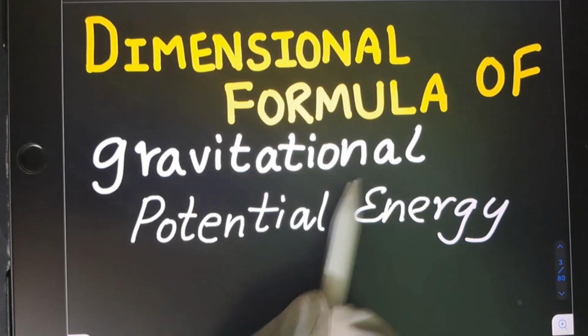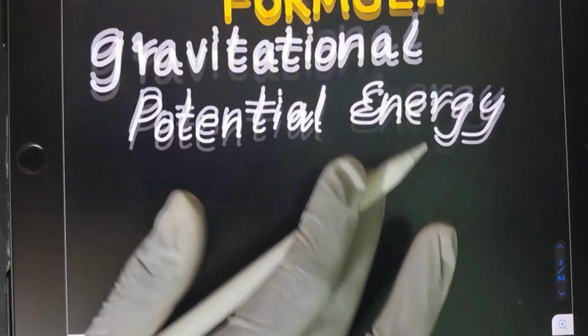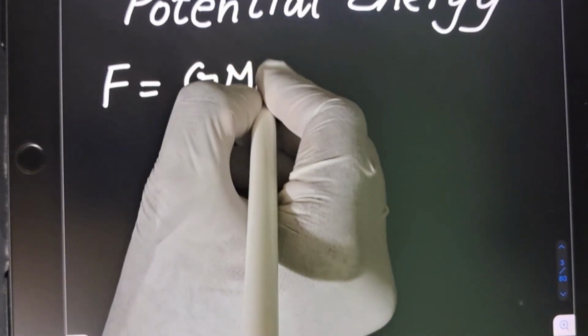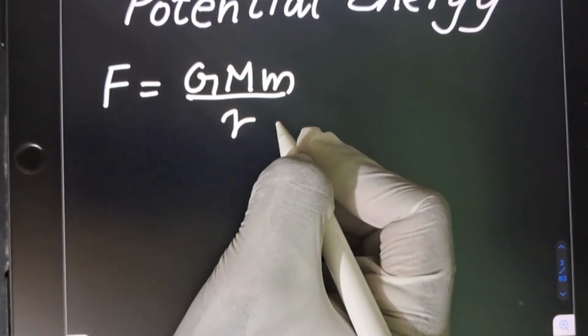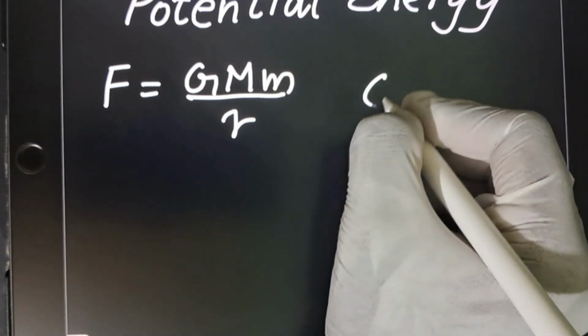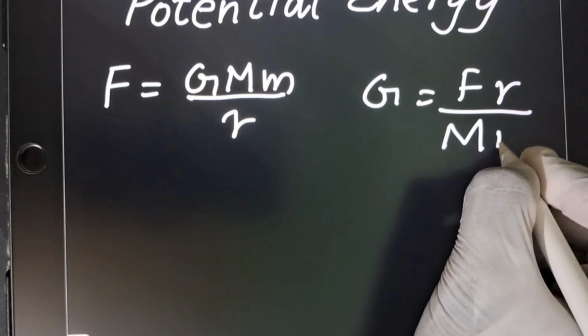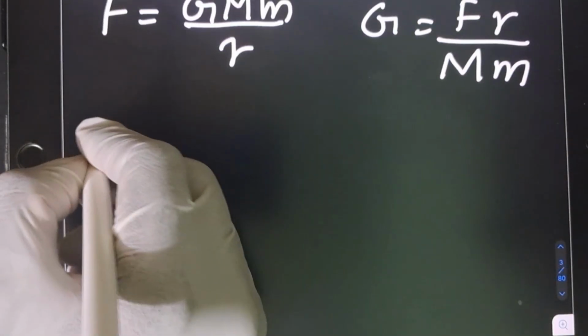To find the dimensional formula of gravitational constant, the formula is F is equal to G M into M by R. So rewritten as G is equal to F into R by M into M, mass. Here F represents force.